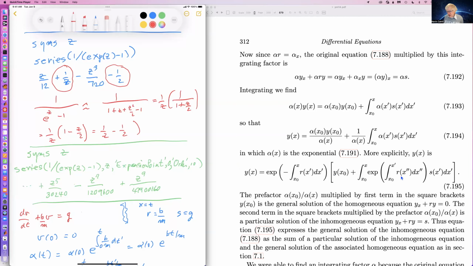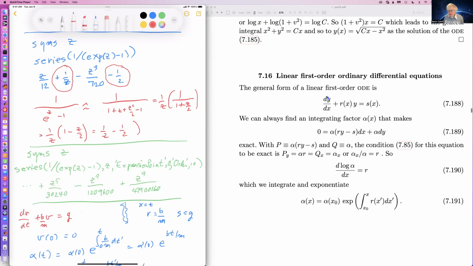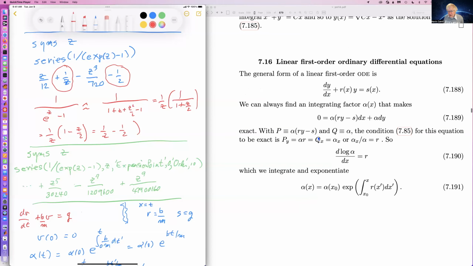You still get this exact equation, but up here, I think it'd be a lot simpler if we just always set alpha of x0 equal to 1. So alpha is just e to this integral from whatever x0 is to x of r of x prime dx prime.